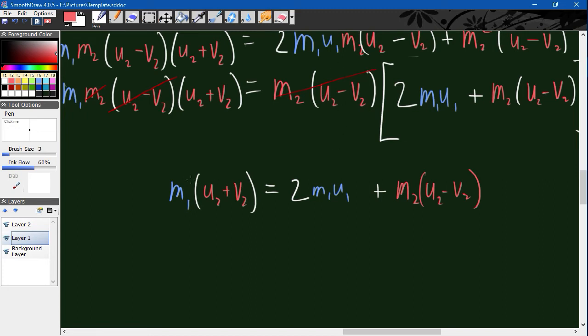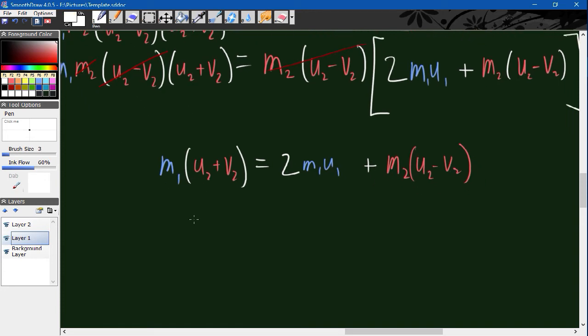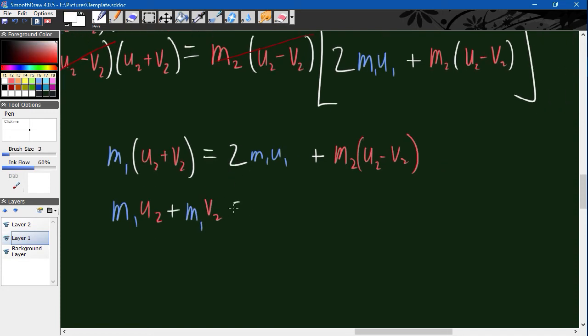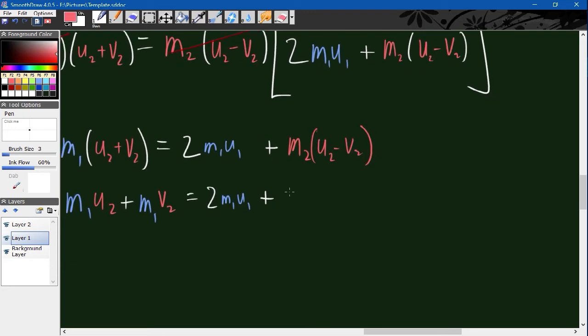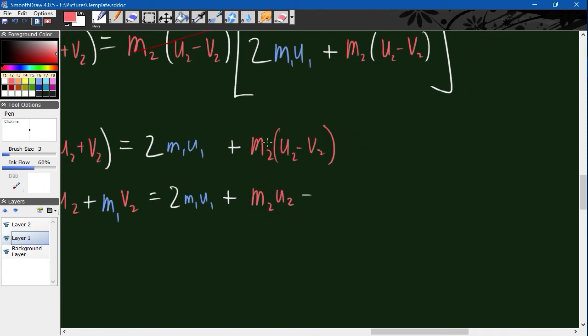And then we could distribute this. We could distribute that. So m1 u2 plus m1 v2 is equal to 2 m1 u1 plus, we're going to distribute this again, m2 u2 minus m2 v2.